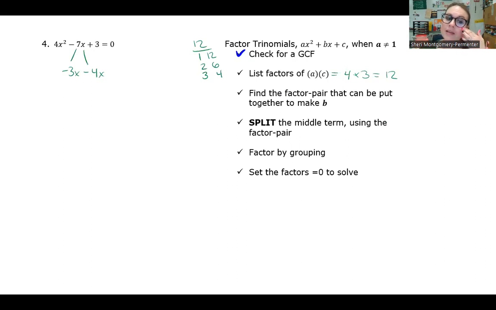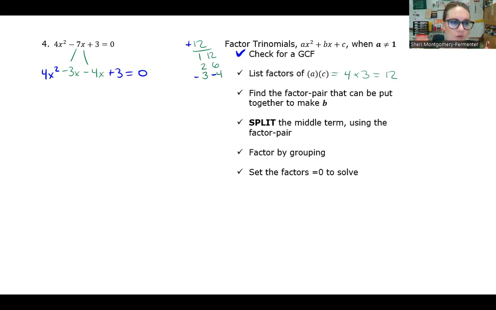When you multiply a negative times a negative, it will give you a positive. So I just split the middle. I hope we all agree that -3 minus 4 is the same thing as -7. And when I have 4 terms, I can factor by grouping.